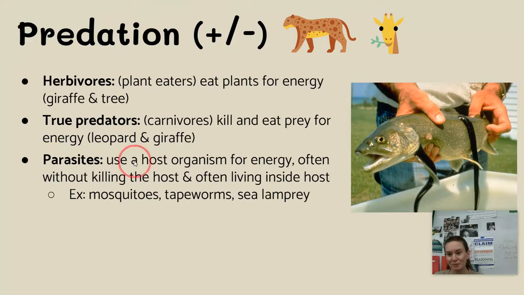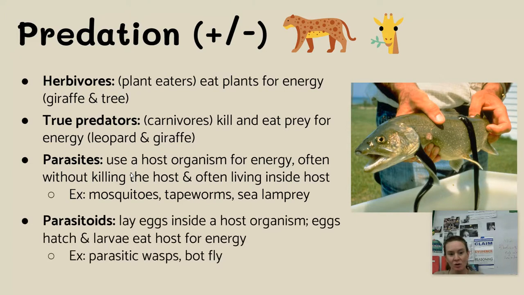It's pretty disgusting. So parasitoids actually lay eggs inside a host organism and will actually eat the host for energy. This happens a lot in our backyards. If you have ever grown tomatoes and had the tomato hornworm, a big, giant green caterpillar that eats tomatoes, a lot of times they have little white things in their body that you can see, and it's really gross.